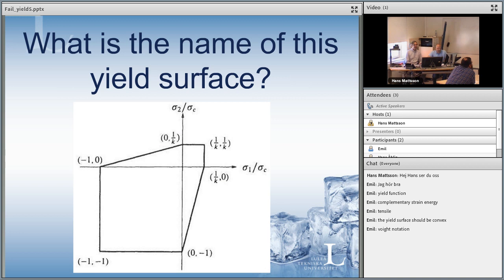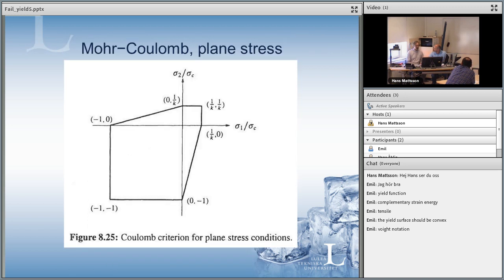What is the name of this yield surface? Okay, yeah, it's correct.